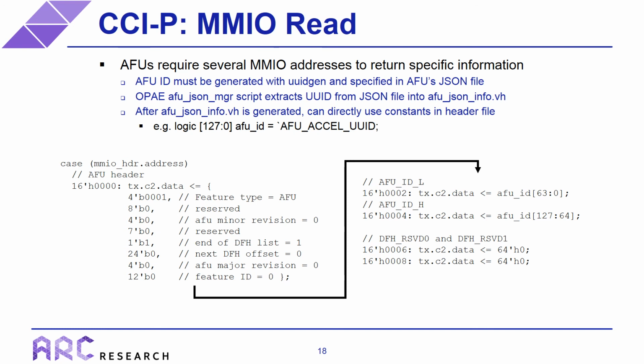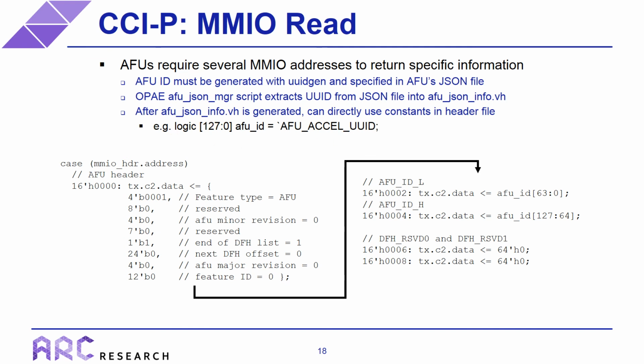At address 2 and 4, there is something very important that is also specific to each AFU that you create. That is where you need to specify the universally unique identifier for the AFU. When we talked about that JSON file and you created the identifier there using the command line tool, when you compile or simulate the code, that identifier gets included in a SystemVerilog header, and you can refer to that in the examples using this AFU ID logic that you see on the right-hand side of the slide.